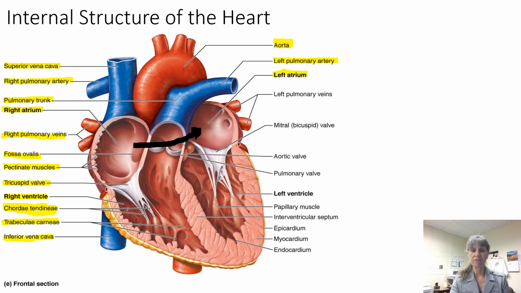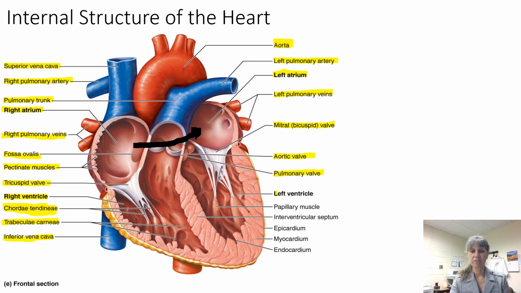We have the left pulmonary veins, the mitral or bicuspid valve, and then going to the systemic circulation, we have from the left ventricle through the aortic valve to the aorta, and we also see our pulmonary valve going towards the pulmonary trunk.